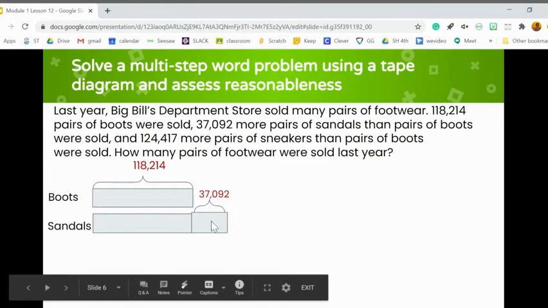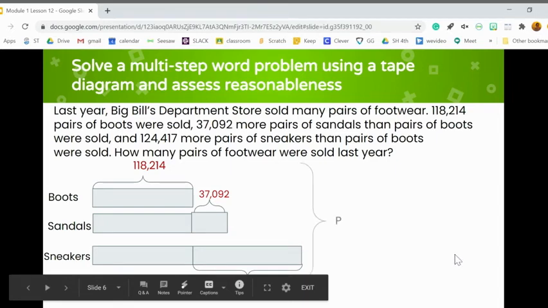So I'm going to add that tape onto the end of it. Now, I also know that the number of sneakers was the same as the amount of boots plus another 124,417. And I want to find the total number of pairs of footwear.